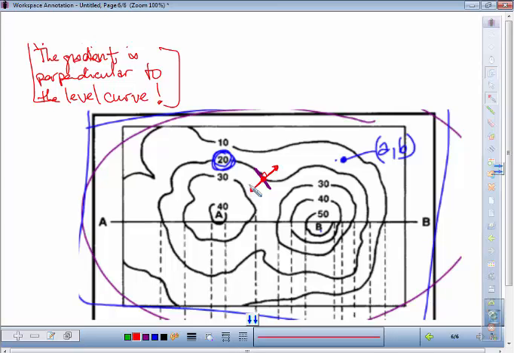But the idea is that your gradient is going to be perpendicular. So one of these will be your gradient. If I'm over here, then I know my gradient vector is one of these 2 vectors. Does that make sense so far? So fact number 1 about gradient: gradients are perpendicular to level curves.